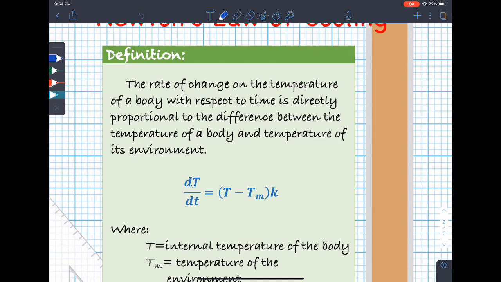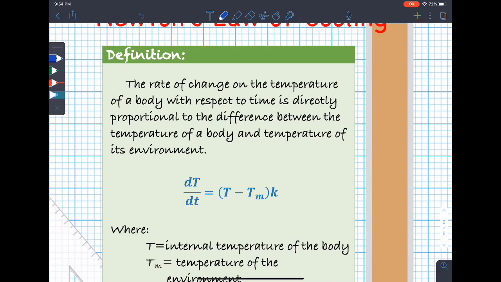Meaning, the temperature of a body could decrease up to the temperature of its environment. It is not possible for a body to decrease even below the temperature of its environment.